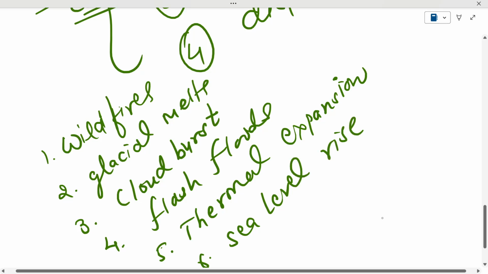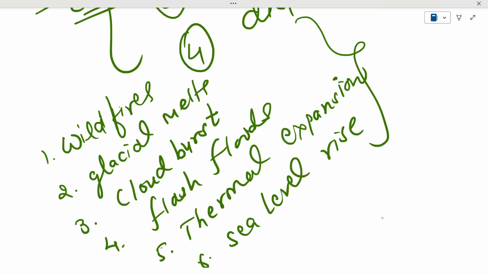So these are the adverse impacts of climate change that have come to our knowledge as of now.